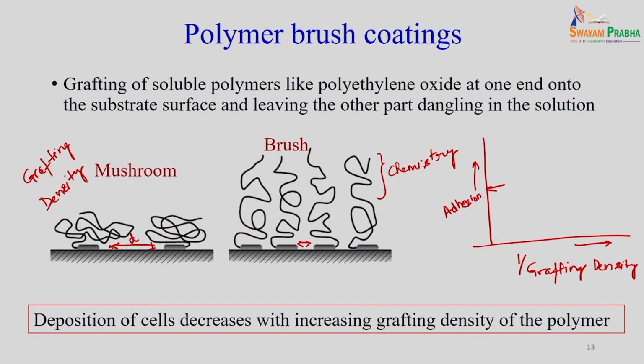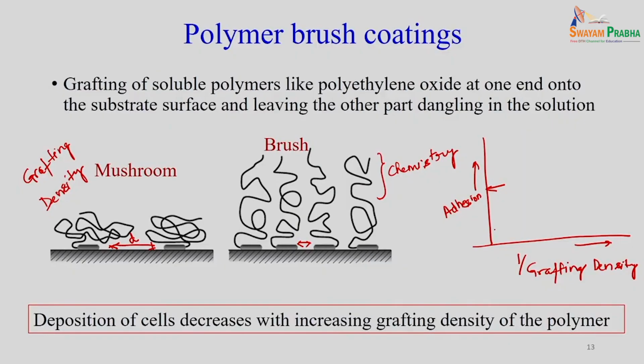This was the adhesion before the grafting. Now, if you go for the grafting, then we can minimize it as well as we can also improve the adhesion. So, it will look like this, and it will go like this. So, depending on the grafting density, you can tune the surface excess or the adhesion, or you can say the adsorption.